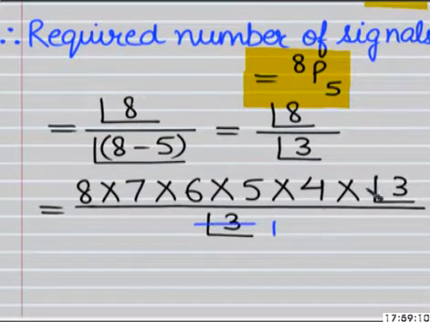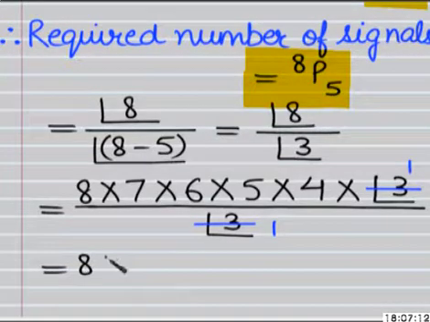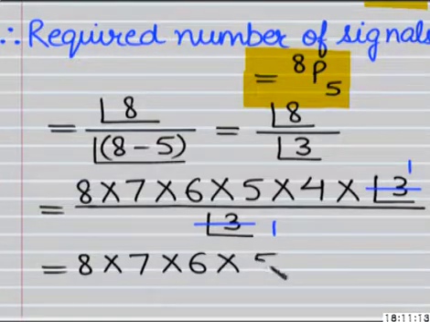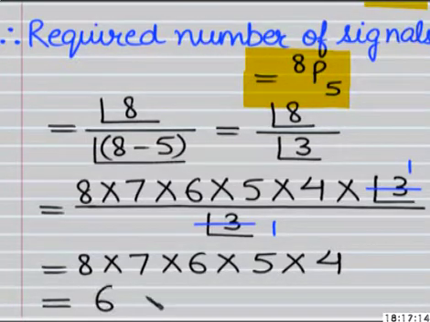On solving it, we get required number of signals is equal to 8 into 7 into 6 into 5 into 4, which on solving is equal to 6720.